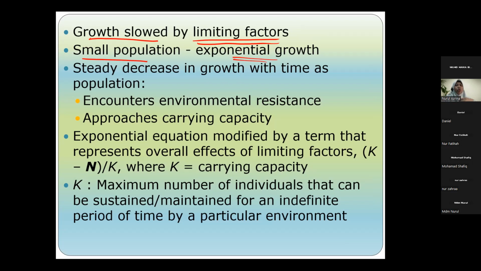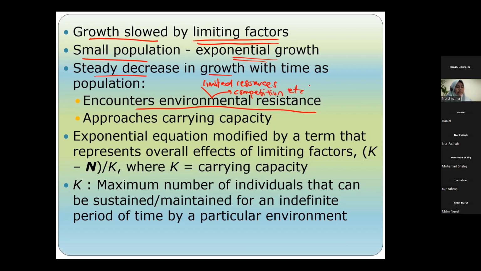Let's say in this one area there are only 10 people living here. So the population will increase exponentially because there are a lot of resources that can be utilized. Okay, but there is a steady decrease in the growth as the population encounters environmental resistance like limited resources, competition, and all of that.